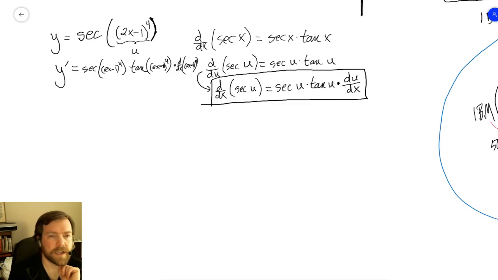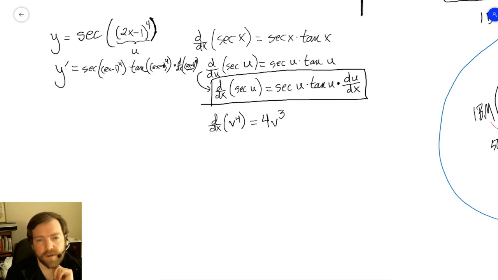So when we take d dx of this stuff here, we can let this inside stuff, 2x minus 1, just be like v. So this is going to be d dx of v to the 4th power is going to be 4v cubed times dv dx.